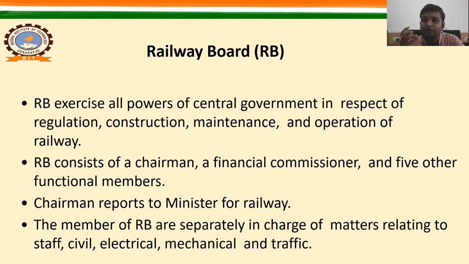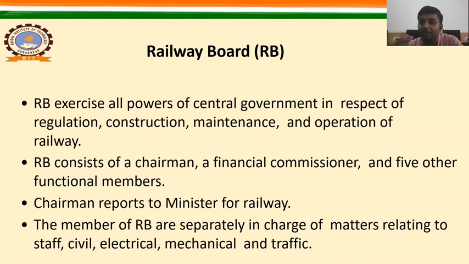It consists of a chairman, a financial commissioner, and 5 other functional members. The chairman reports to the minister for railways. So who is the authority of this entire railway? From the central government point of view, it is the railway minister, and the chairman comes under this railway minister.